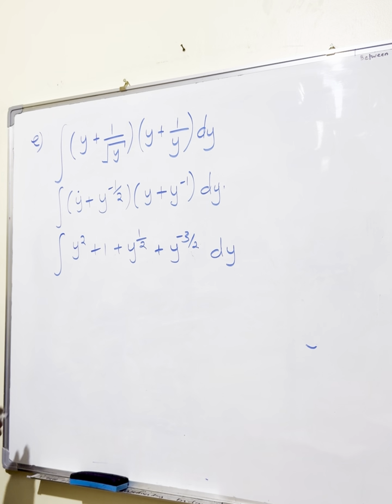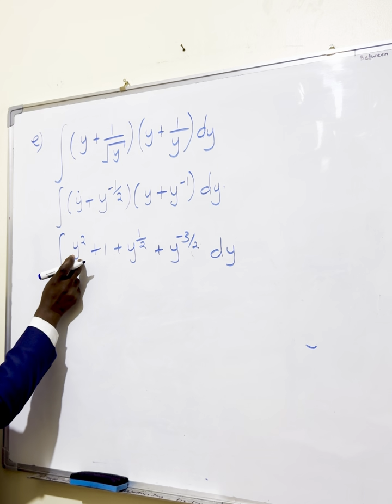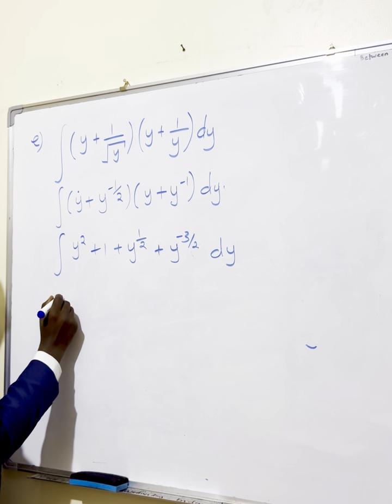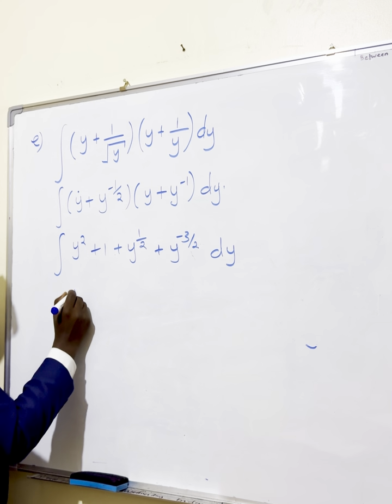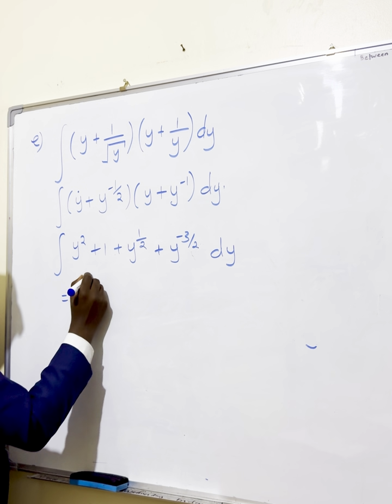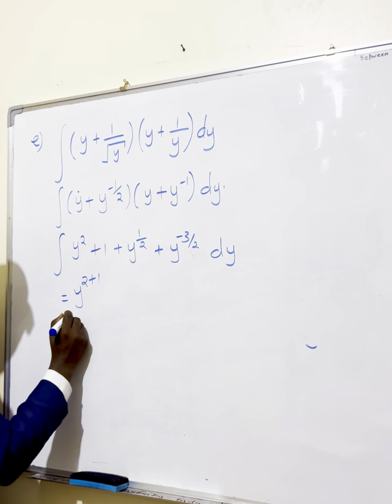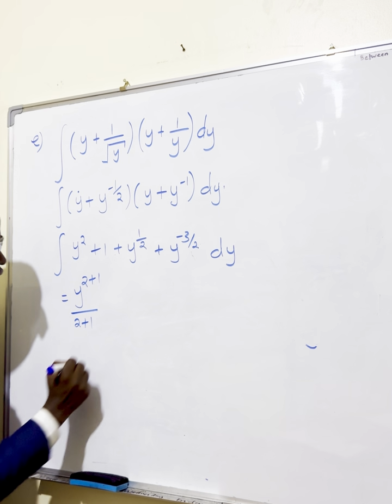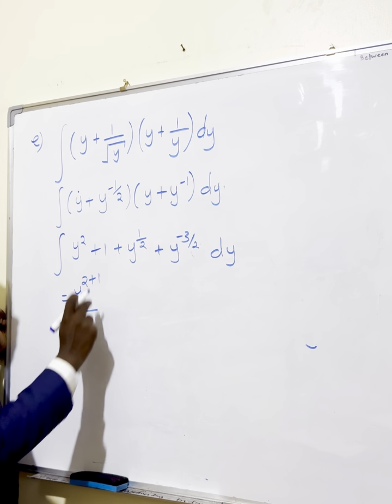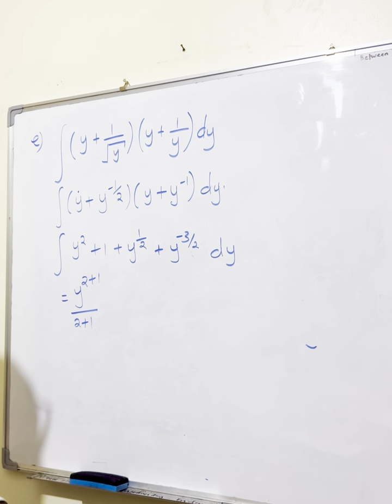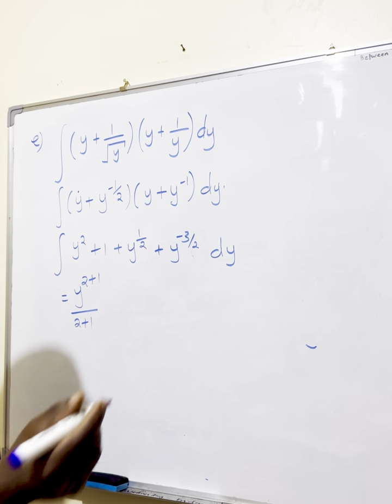Is that okay? So, if I integrate y squared, I'm going to increase the power on y. So that is y, 2 plus 1. Then we divide by the new power. Now here we have a 1. But now the question is, what is 1 according to algebra?